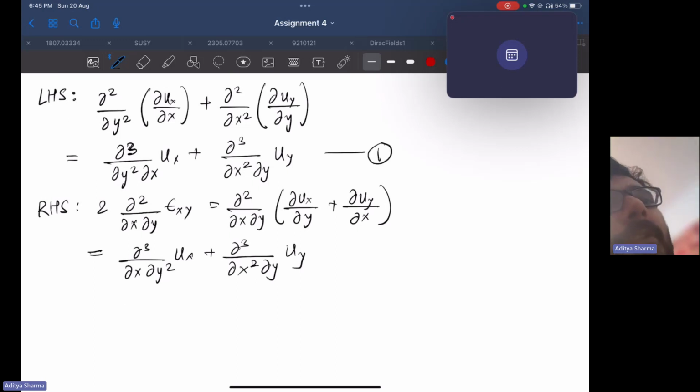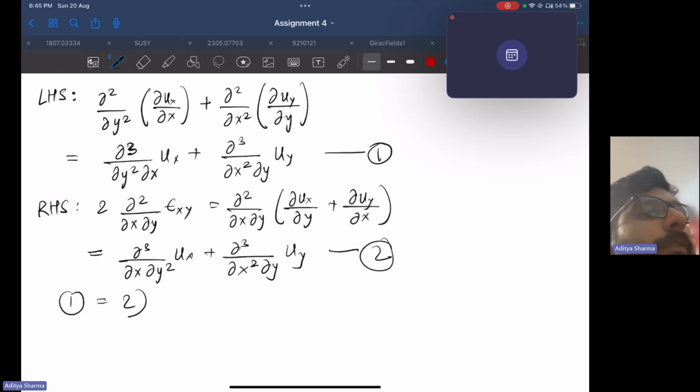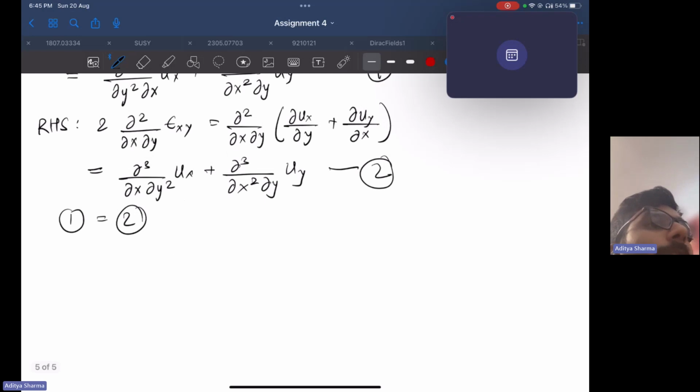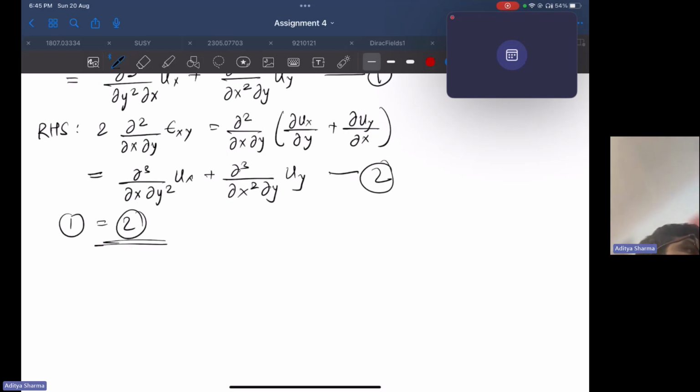And these two match. And so we verified the compatibility condition.